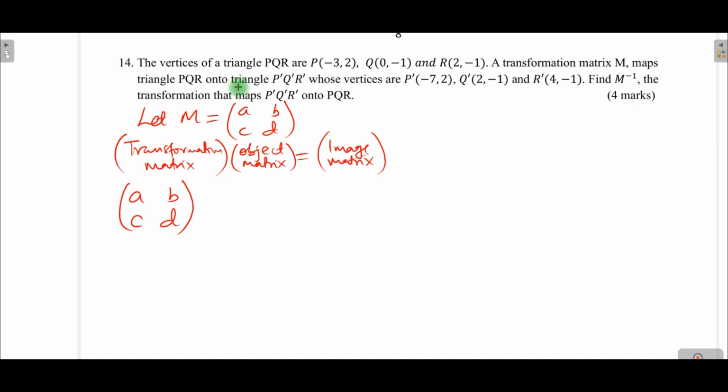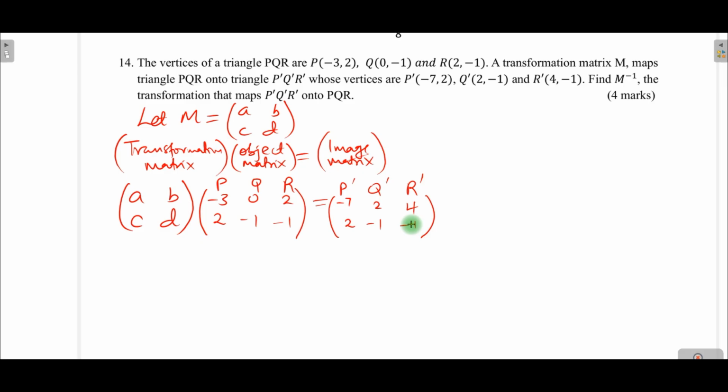And then we have the triangle P, Q, R. Let us write them in matrix form: P is (-3, 2), Q is (0, -1), and R is (2, -1). This will give us P', Q', R'. Again, P' is (-7, 2), Q' is (2, -1), R' is (4, -1).